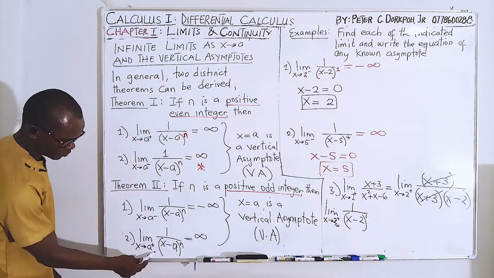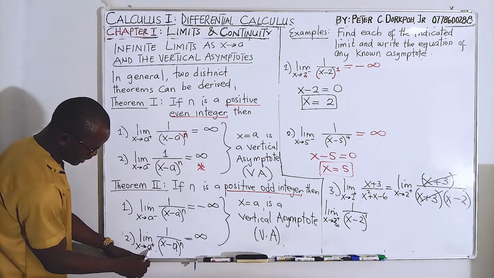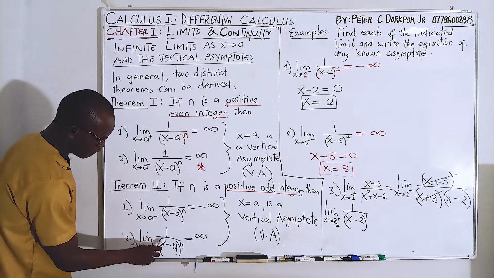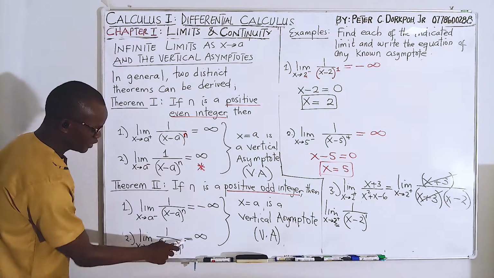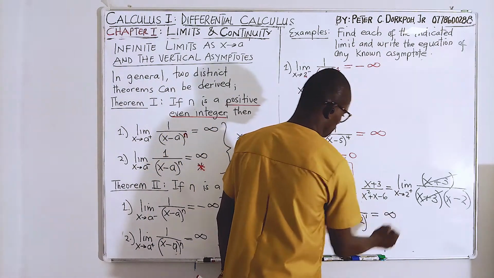So we consider the right quotient. So when x is approaching a from the right, the function 1 over (x minus a) all raised to the power n will just be equal to positive infinity. So this whole thing is just positive infinity.